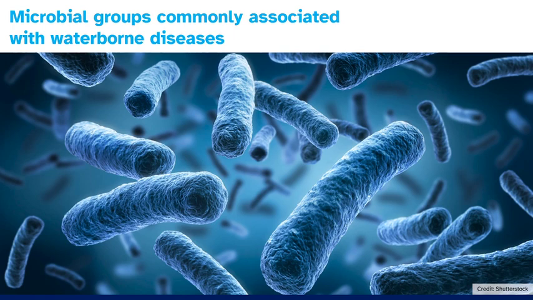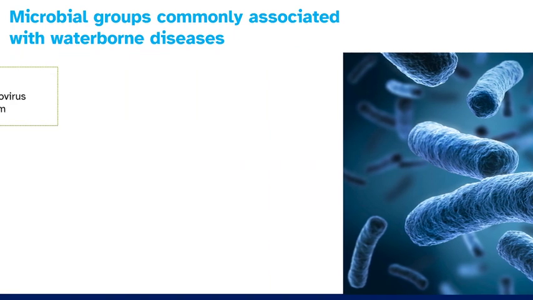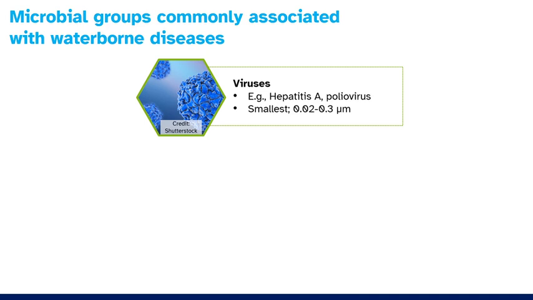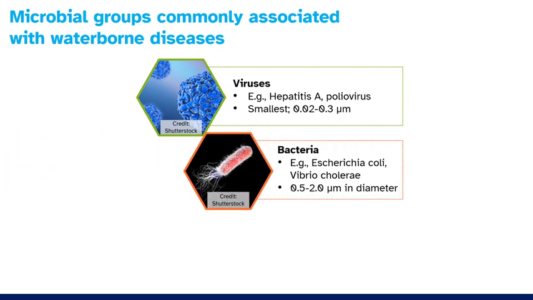Three types of microbes are commonly associated with waterborne diseases. Viruses like hepatitis A and poliovirus are the smallest, ranging from 0.02 to 0.3 micrometers, while bacteria such as E. coli and Vibrio cholerae span 0.5 to 2 micrometers.